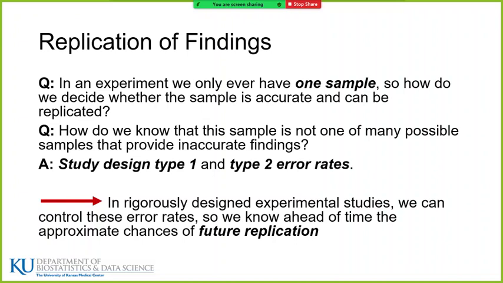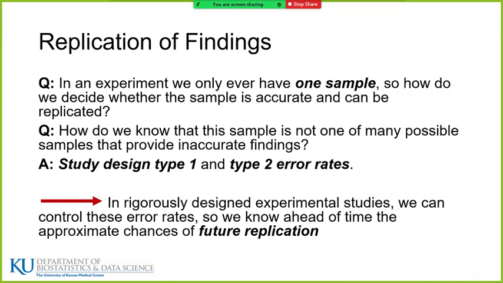If the type 1 error of my study is 5% and the power is 90%, then I know that if I find an association, the chances that it's not real are 5% or less because of type 1 error being 5%.